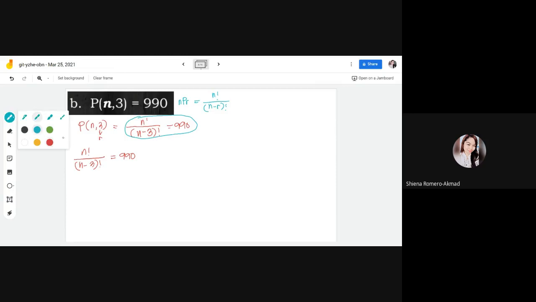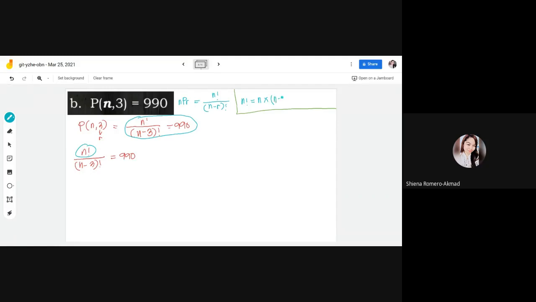And remember, si N factorial sa factorial can be expressed to what? Sa factorial, paano natin to express? But it can be written as, naalala mo ba to, Nicole? N times, ilan yung minus ko?